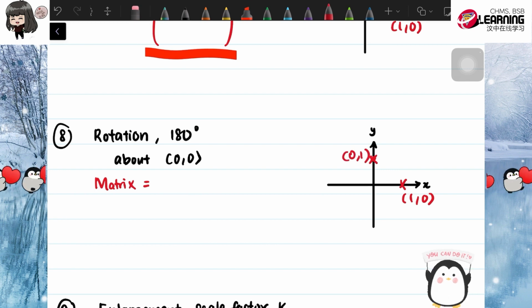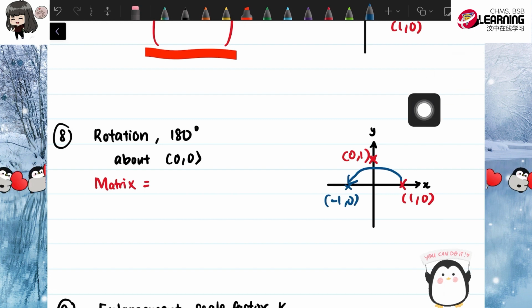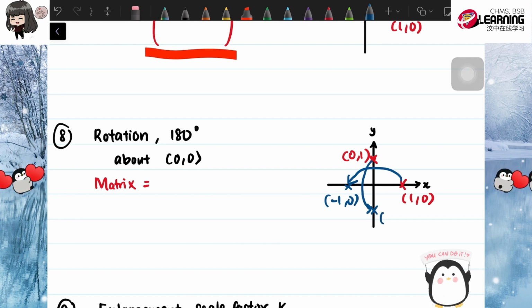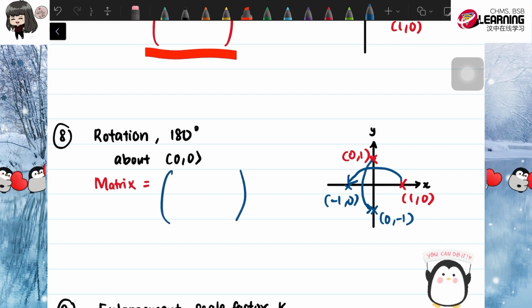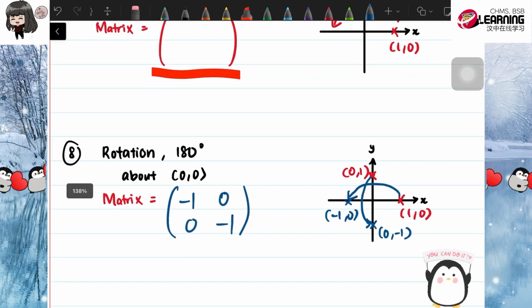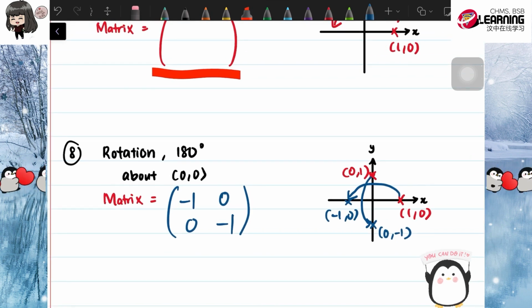With 180 degrees, (1, 0) will go to the other side in a straight line, so it will go to (-1, 0). And (0, 1) will go to here, (0, -1). So (1, 0) goes to (-1, 0), and (0, 1) goes to (0, -1). So far so good.